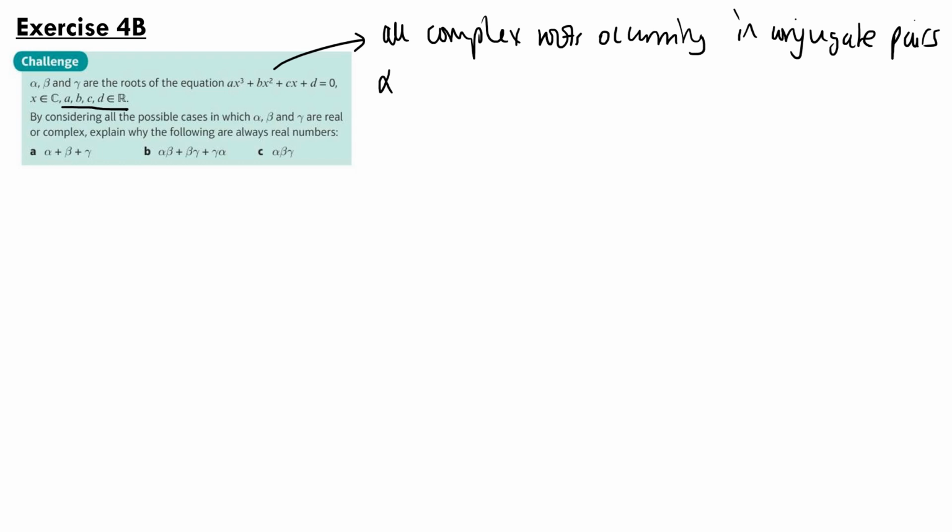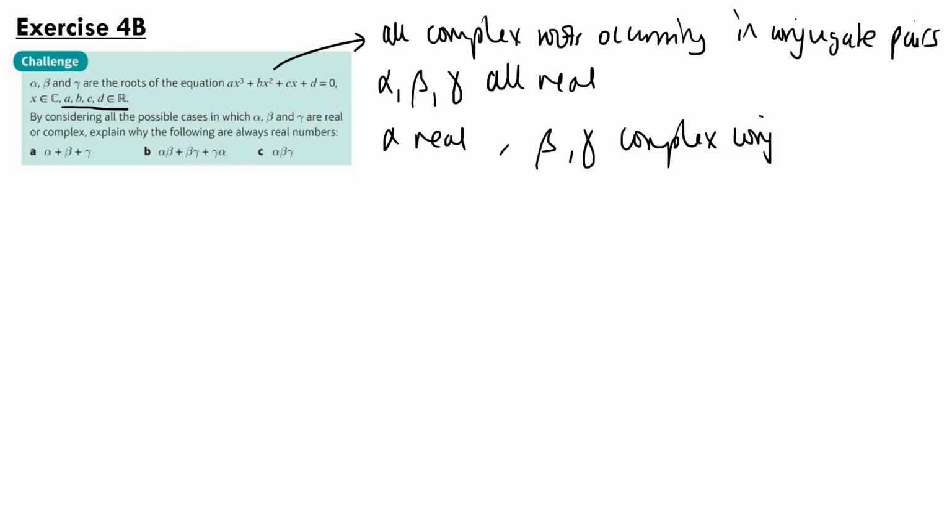We can either have alpha, beta and gamma all being real, or we could have one of the roots, say alpha, being real, and then the other 2 form a complex conjugate pair. Let's say beta is equal to p plus qi, which means that gamma must then equal p minus qi, where p and q are real numbers.